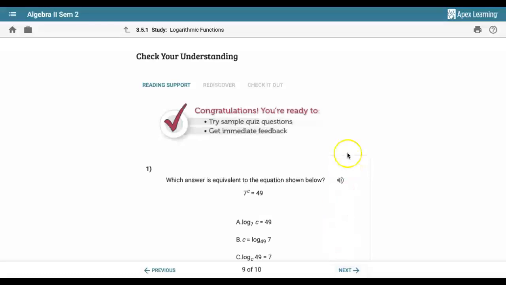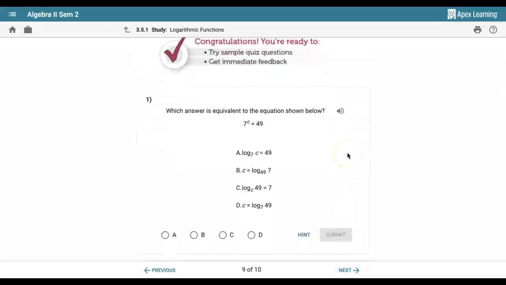Then you can concept check these with some multiple choice here. Looking back at your study sheet, which has the conversion back and forth, will be really beneficial. If I'm trying to solve for C here, that's an exponential equation, so to undo that I have to use its inverse, which is a log function.